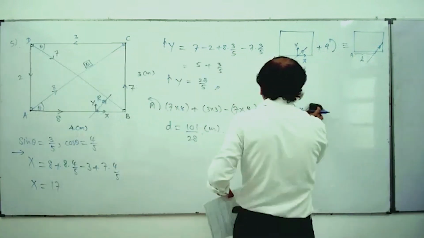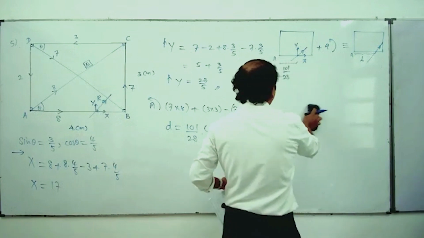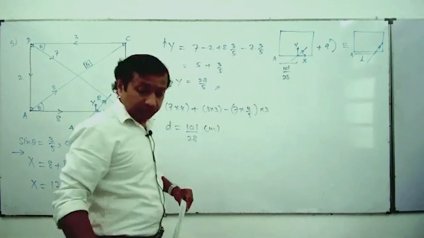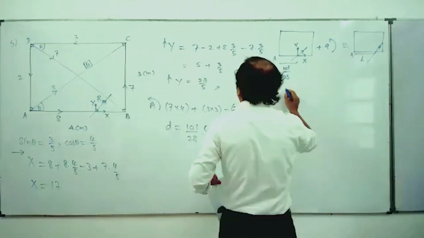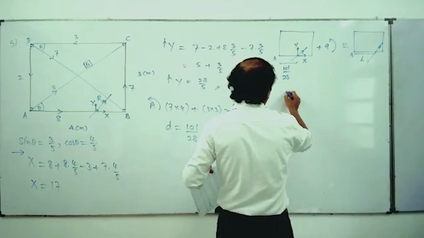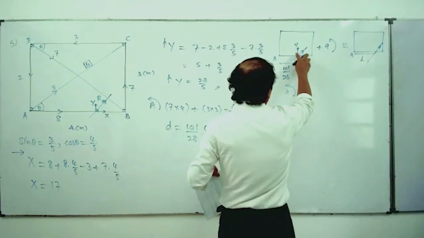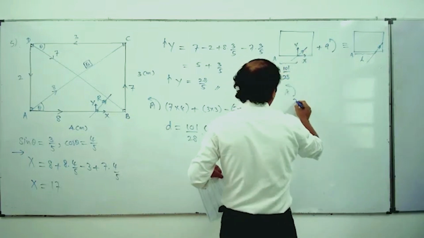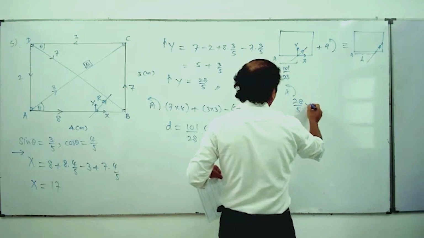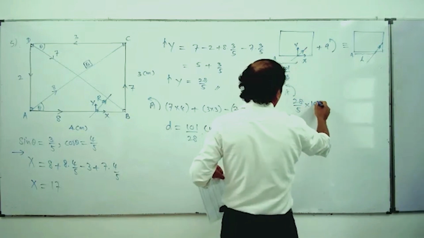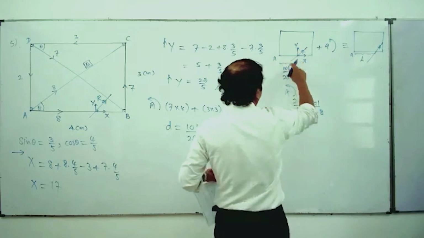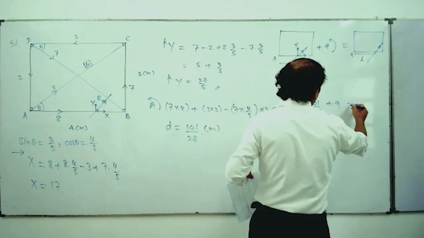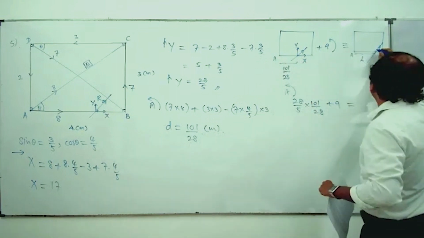Okay. Now you can write the moment made by this y. Y we know. Take a moment around A anti-clockwise. Y is 28 by 5 into 101 over 28. Okay, the moment of y plus 9 should be equal to the moment here.